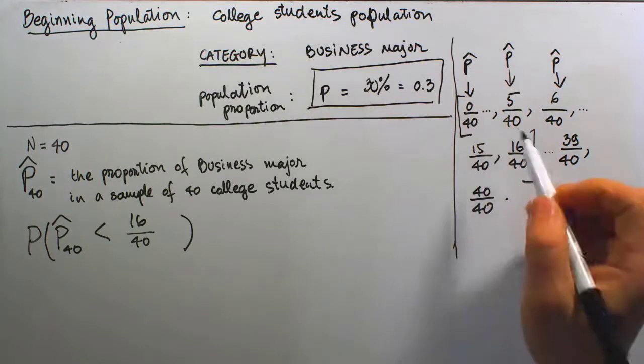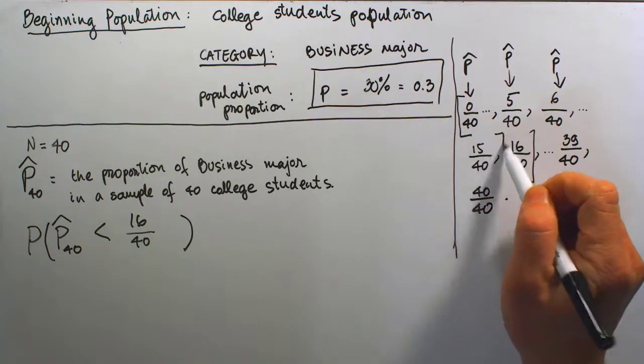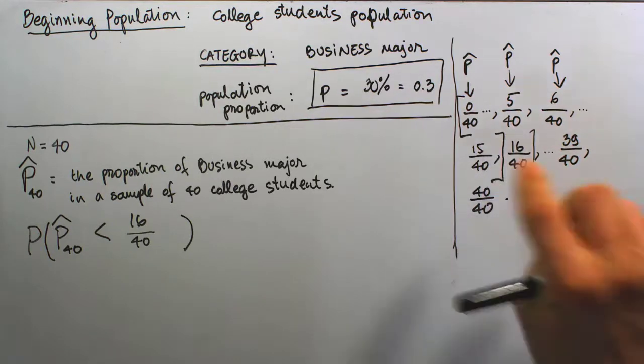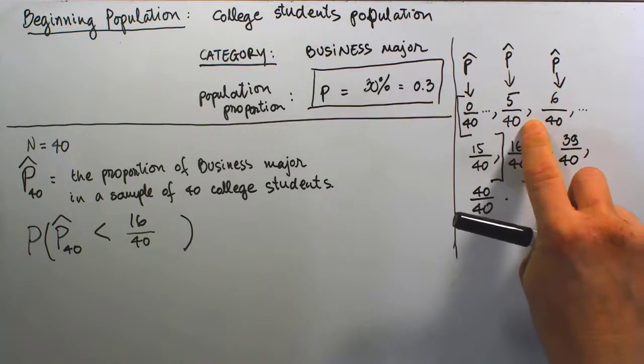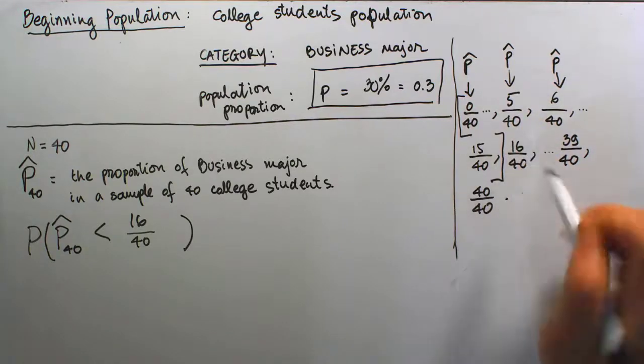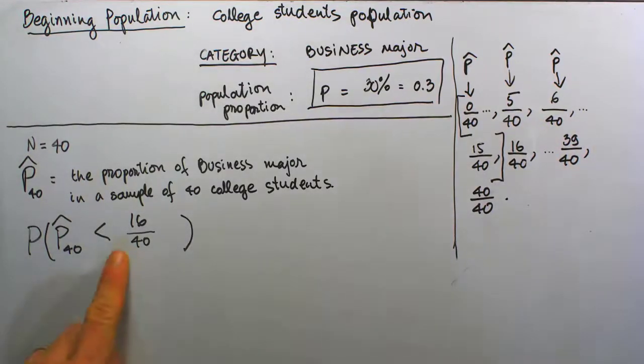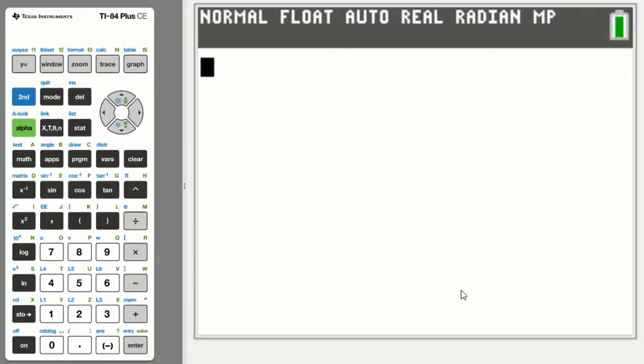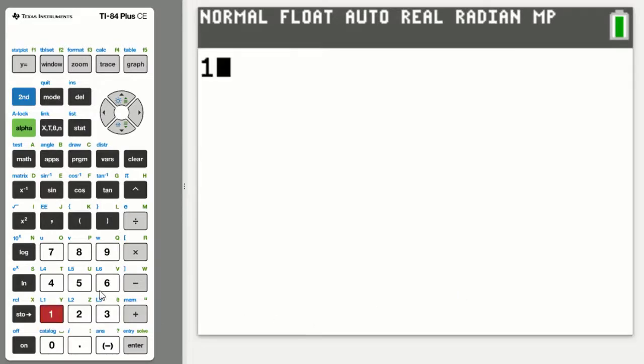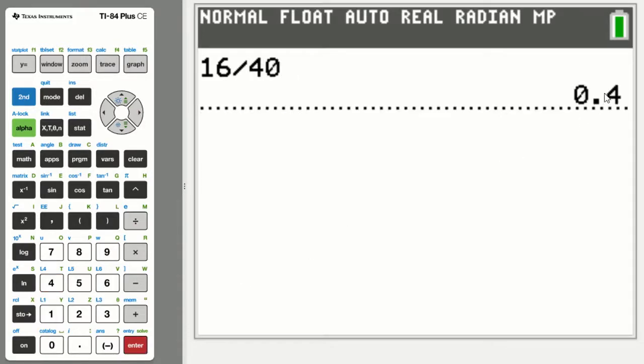Indeed, to be precise, we only want to be anywhere from 15 or less, because we want less than 16 over 40. And as a quick calculation, 16 over 40 in decimals is 0.4.